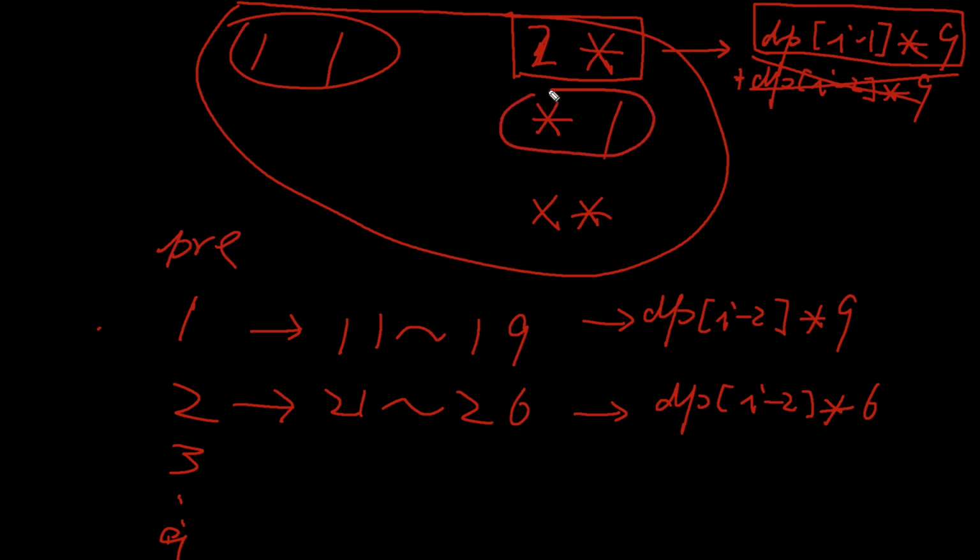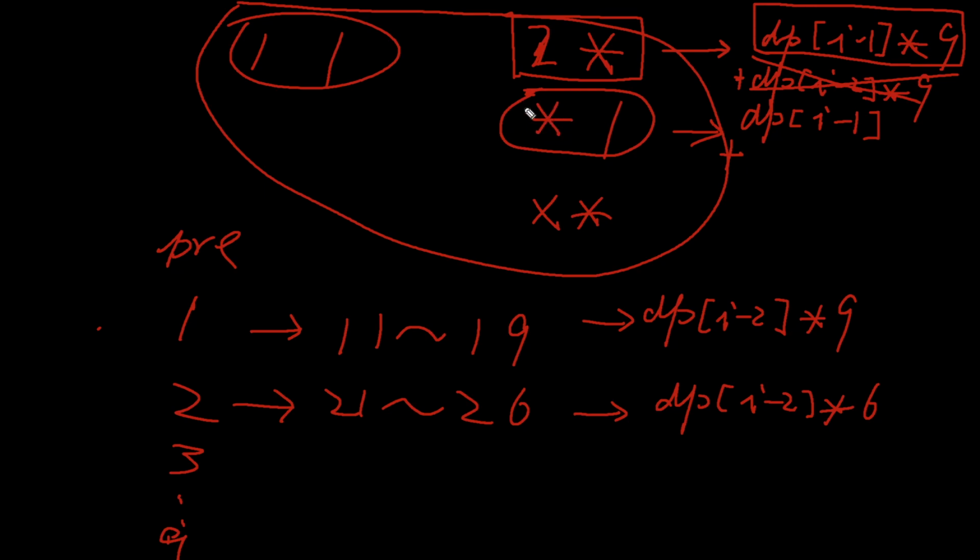And how about the second scenario? The second scenario is this one: the current one is a digit, but the previous one is a star. For this one, obviously we have dp of i minus 1, similar to this one, and then plus the previous one.